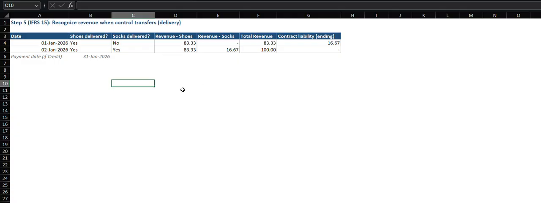The deferred amount is not recognized as revenue until the socks are delivered to the customer. Here we record the socks amount on 1st January 2026 as a contract liability at the ending. On the next day, when the customer receives the socks, we will record this 16.67 as revenue.